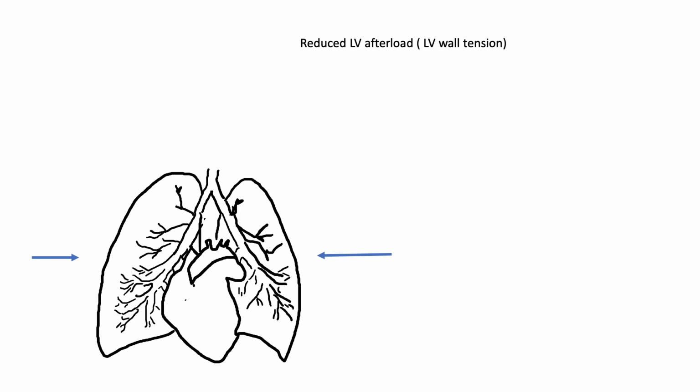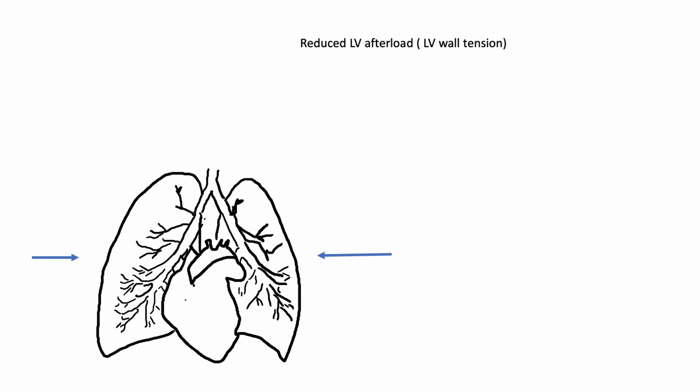Positive pressure ventilation or non-invasive positive pressure ventilation also helps decrease our afterload. And how it does that is the LV is constantly having an afterload of the wall tension of the left ventricle. So how do we reduce that wall tension? Well, if we're giving PEEP and positive pressure, it's actually helping to squeeze the LV.